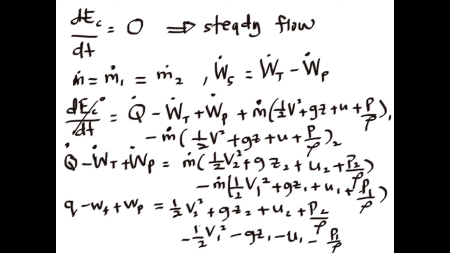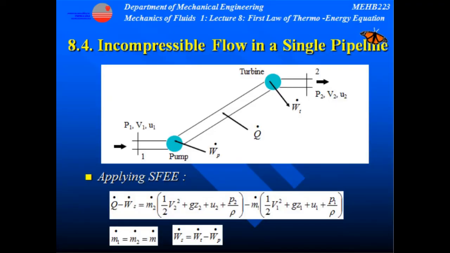Try to put the components that go into the control volume on your left side, and try to put the components that go out of the control volume on your right side. This is the equation, and this is the mass flow rate just now.